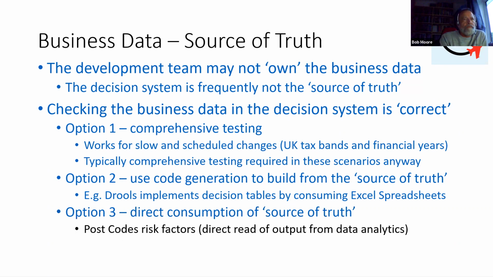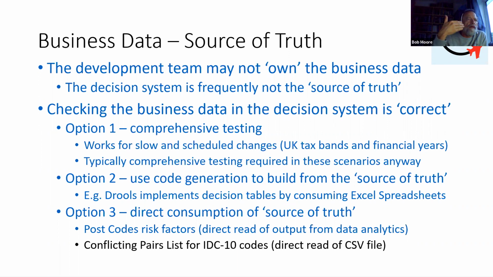But in this situation, we're building the decision table by directly consuming some data from data analytics, and in the IDC 10 example, one of the solutions directly reads the CSV file which is presented as being the source of truth in order to build a decision service as well.